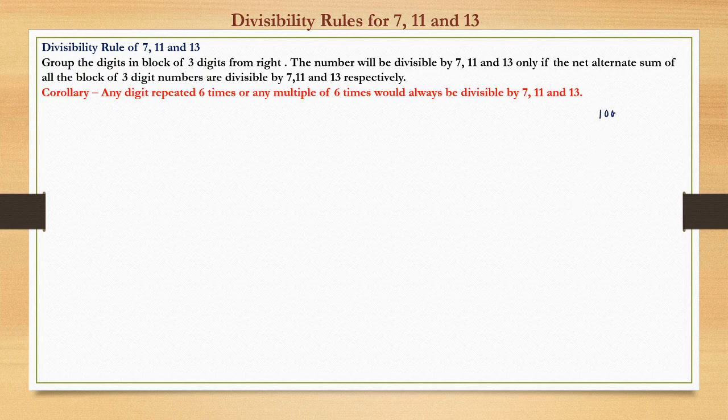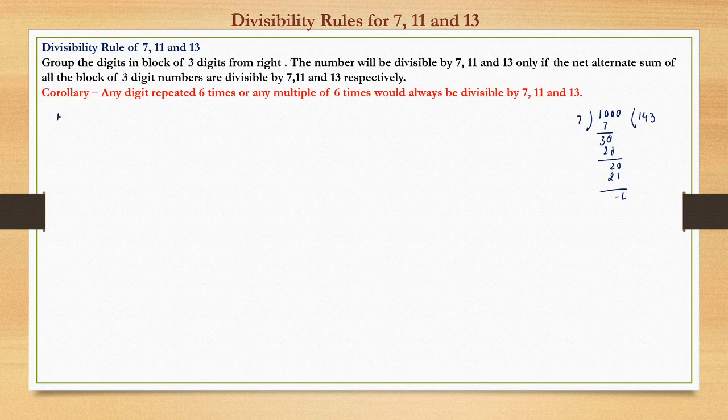First, we know that 1000 if divided by 7, let us see what it is. The remainder is minus 1, right? When we say minus 1, this should click something for us. So let us take an example now.